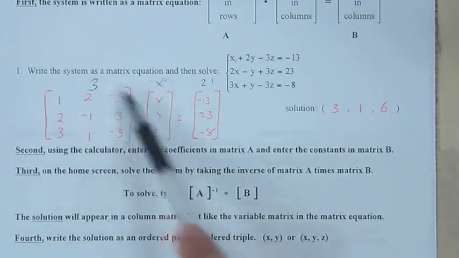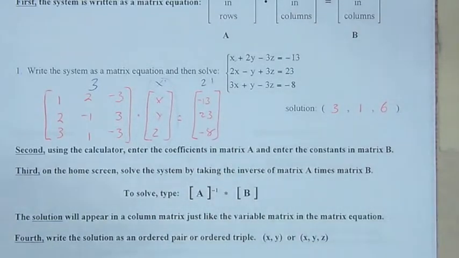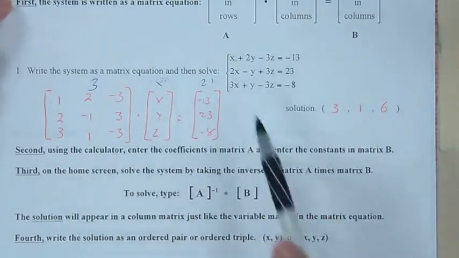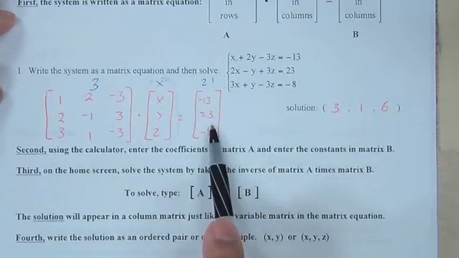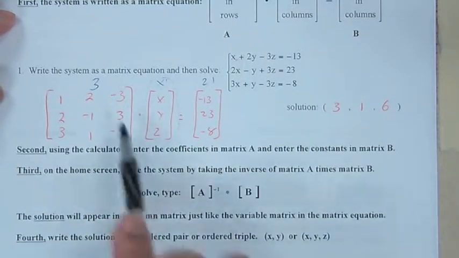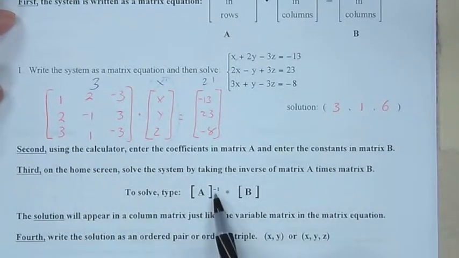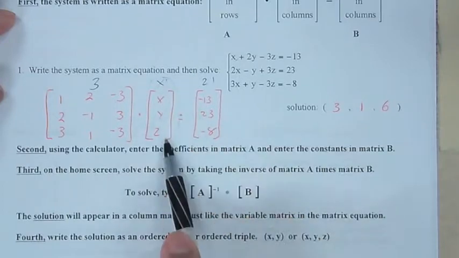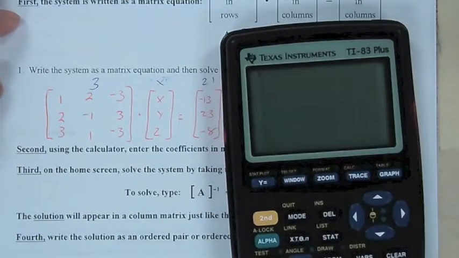Okay, and the x, y, z, since we removed them, we put them in a matrix right here. So we can say this times this equals this. The easiest way to find this is, we'll call that matrix A, we'll call that matrix B, and this is the resulting one we want to find. So we plug this into our calculator, and we get the inverse of that matrix, multiply it by this matrix, and it gives us a resulting matrix. Okay, so I'm going to do that really quickly for you guys.